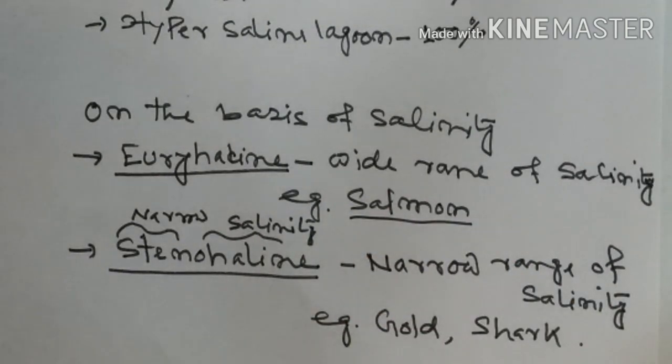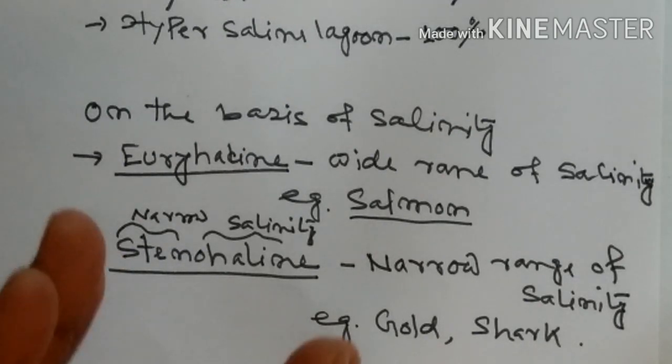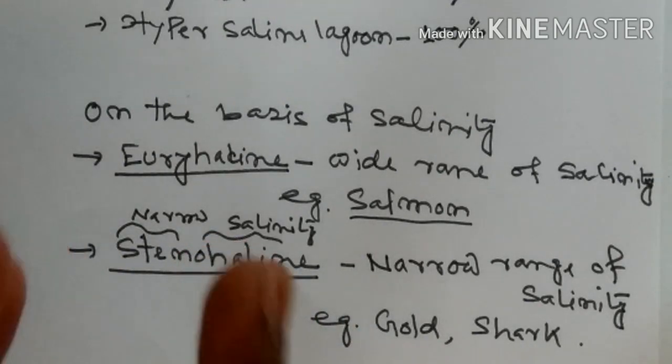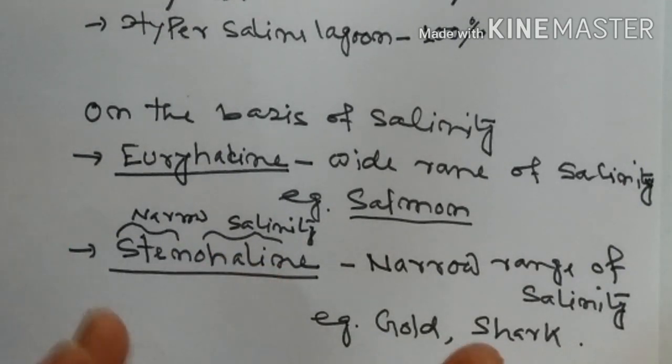And stenohaline are able to survive in a specific range of salinity. Beyond this range of salinity, they can't survive. This type of organism is known as stenohaline. Examples of stenohaline organisms are goldfish and shark.